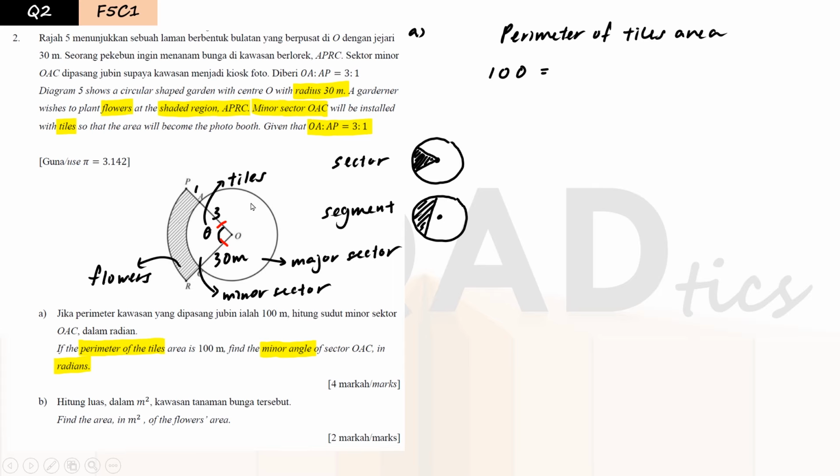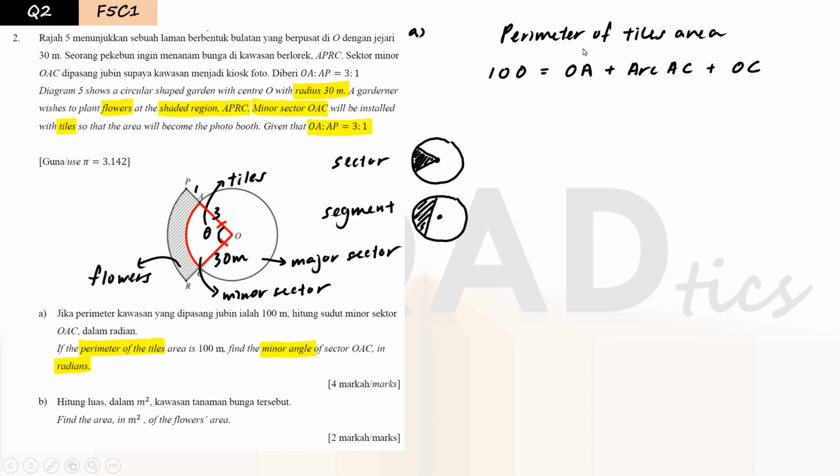The lines to find the perimeter would be line OA, the radius here, the arc AC, which is the curved line here, and the line OC. Once we add up these three values, it would be the perimeter.